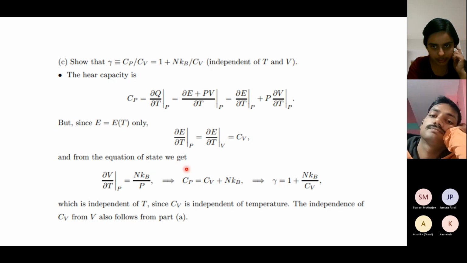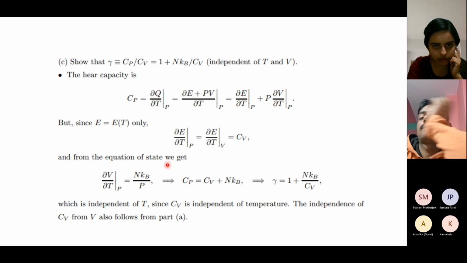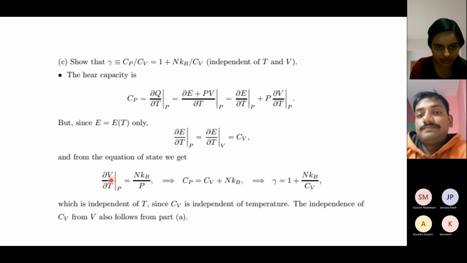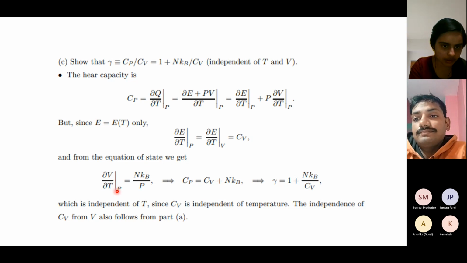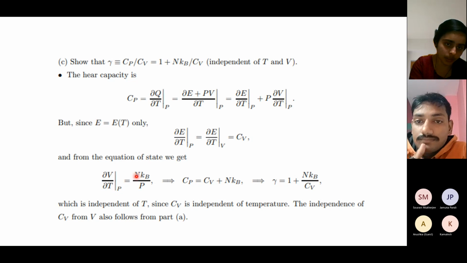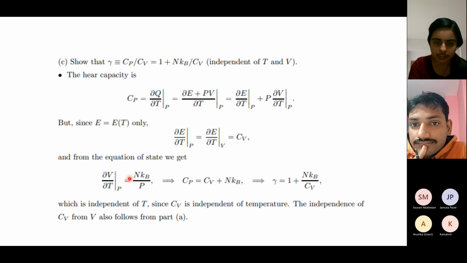And then from the equation of state that is given in the question, we find del V del T at constant pressure, and this is the term that we get. That gives you this expression, Cp equal to Cv plus nKb.